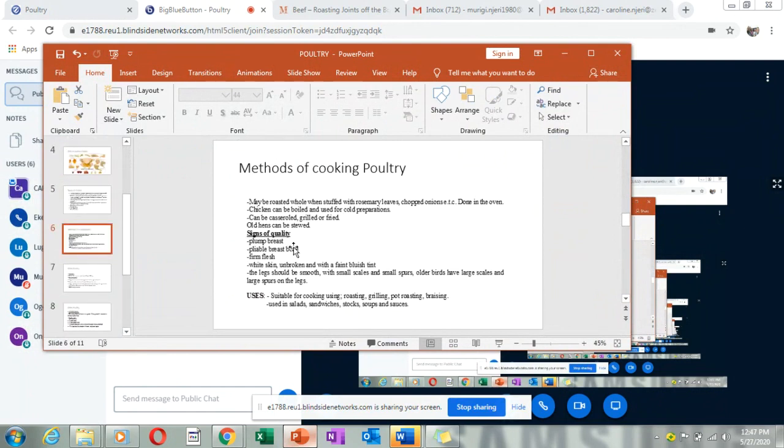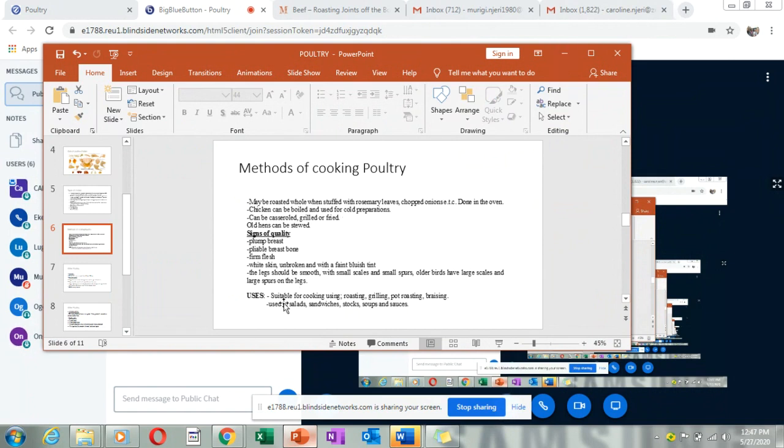We can roast when it is stuffed with maybe herbs and other ingredients like vegetables and grains, and of course, that can only be done inside an oven. You can also boil your chicken for cold preparations like salad, or you can grill it or fry it. All hens can be stewed.